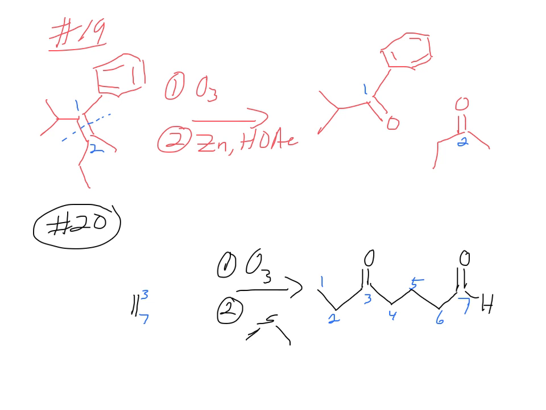Now 7 was also bonded to 6, which was bonded to 5, which was bonded to 4, and 4 was bonded to 3. What else is 3 bonded to? 2 and 1. So that's the starting material it came from. And that's how I would go backwards and find the thing.